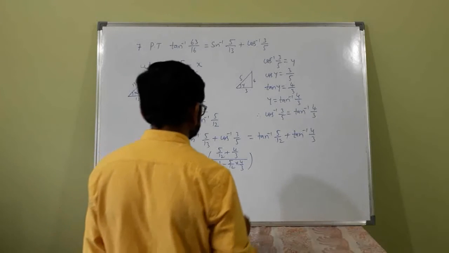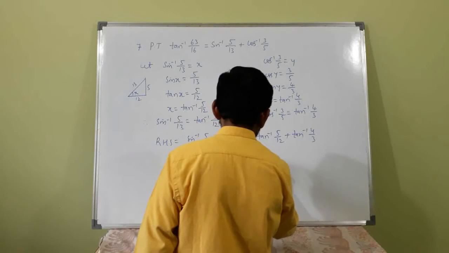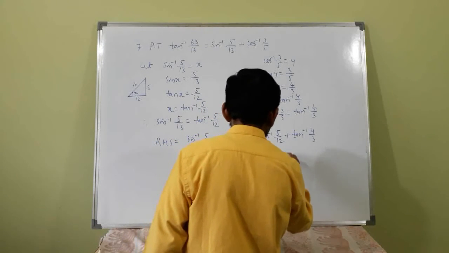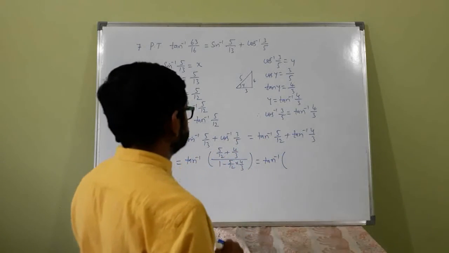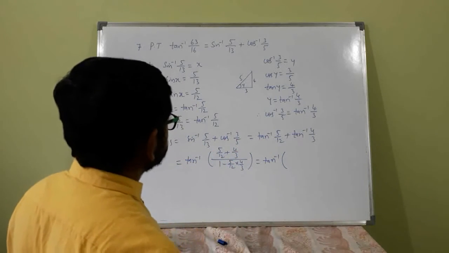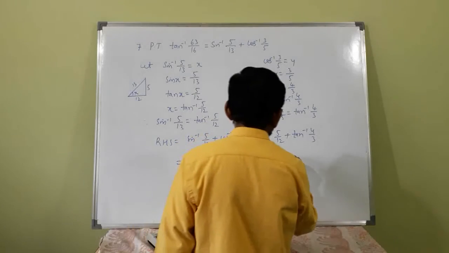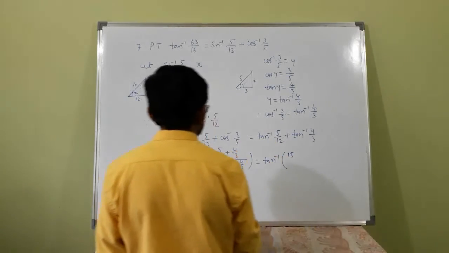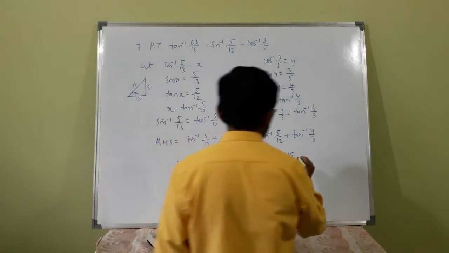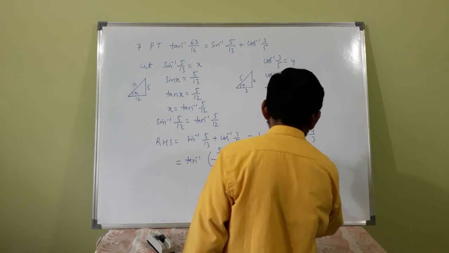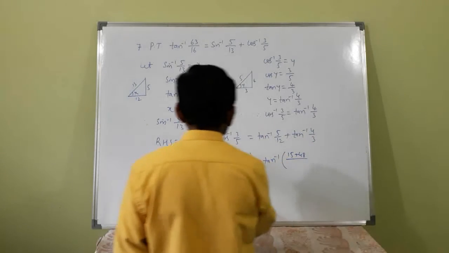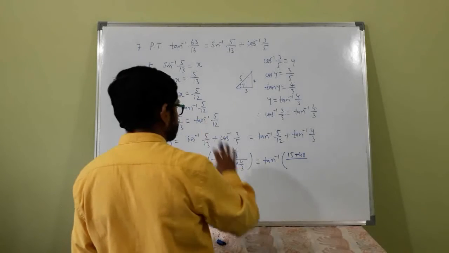That is tan inverse of, if you take the LCM as 36, this is 15 and 48 divided by 36, I don't write because that will get cancelled.